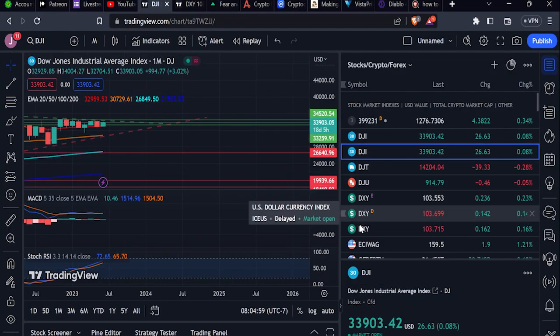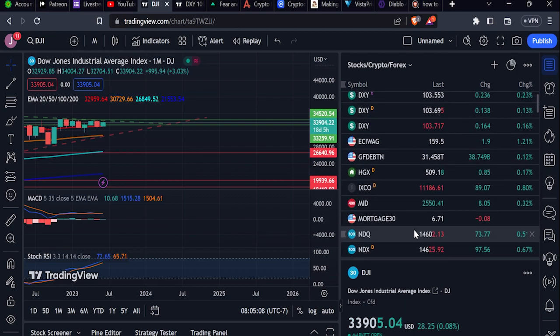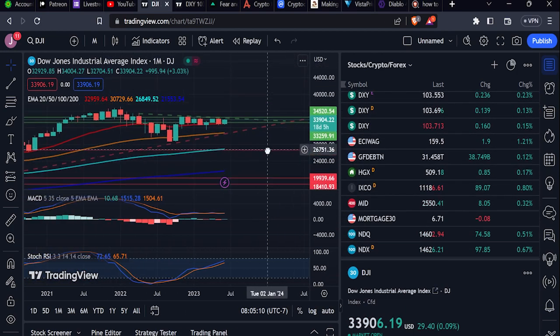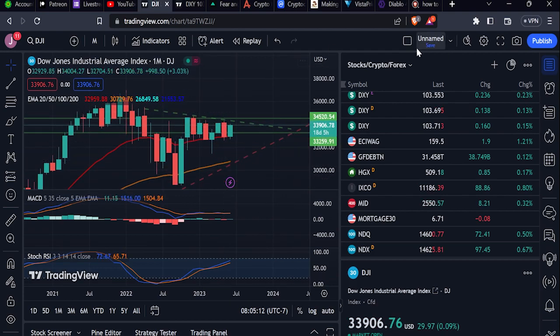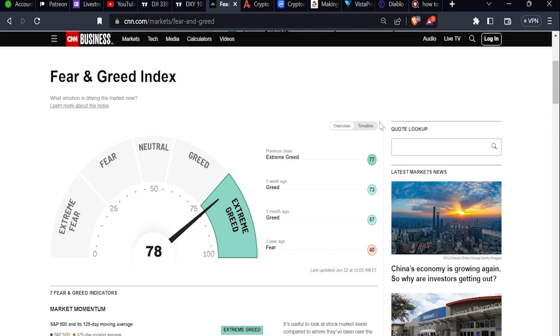Let's see here. Before I do my trades, I usually look at the stock market indexes first, just to see where we're at in terms of trend. On top of that, I look at the stock market fear and greed index. Right now, we're in extreme fear.